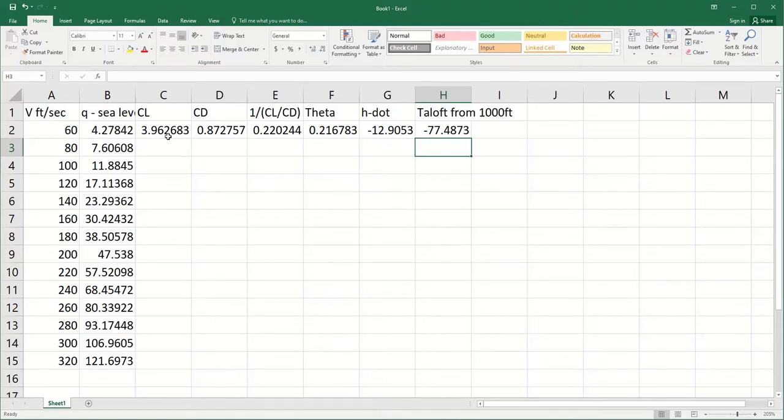And I still have a sign. Where did I mess up my sign? That flips it there. Oh, that's because H dot is negative and V sine theta hat is positive. So I need to flip the sign on this.